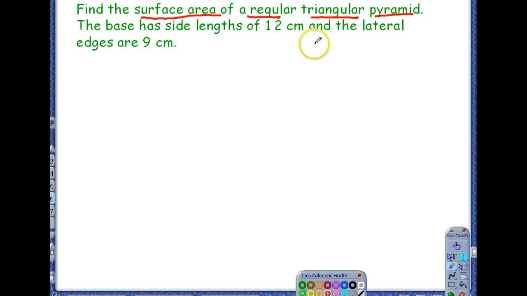Now, when you see these words, first of all, regular and pyramid, that's talking about the pyramid is regular. Not necessarily always the triangle. Okay. So we do have a pyramid that's regular, so we're going to write the surface area formula.